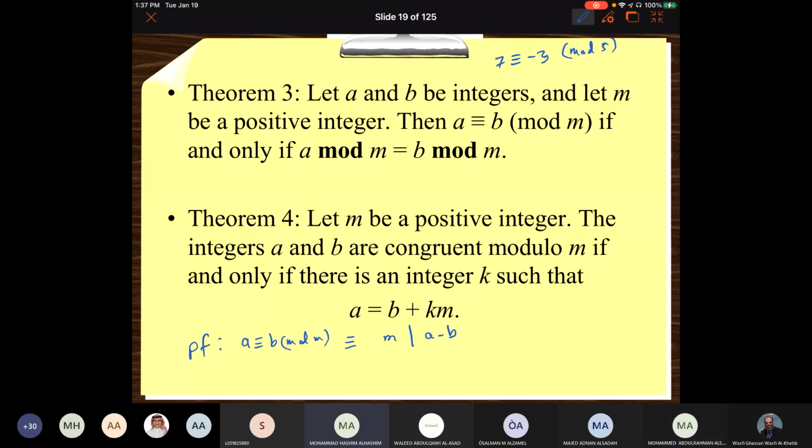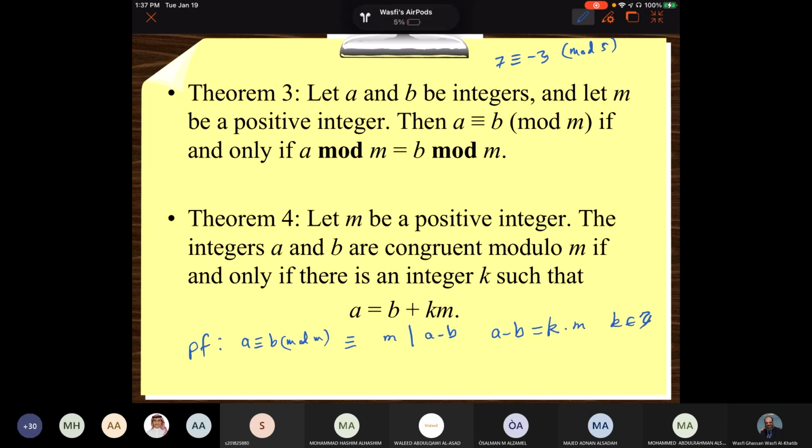There is K such that A minus B divided by M is K. That means A minus B is equal to K multiplied by M, right, where K is an integer.